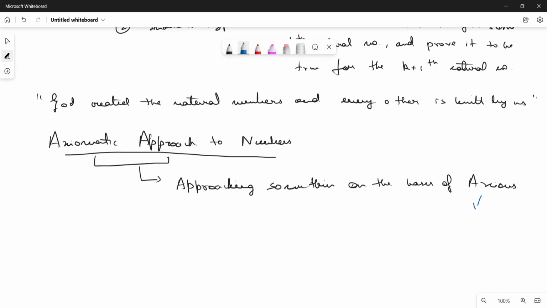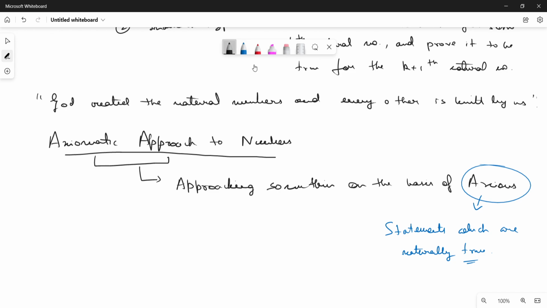Now, what are axioms? Axioms are simply statements which are naturally true. We do not need a proof for these statements. They are stated as such.